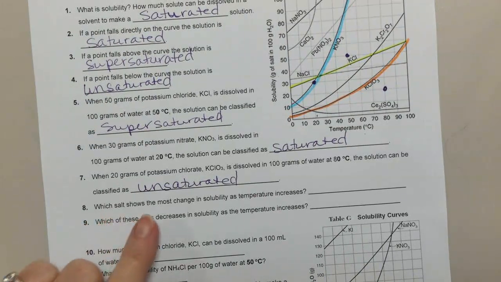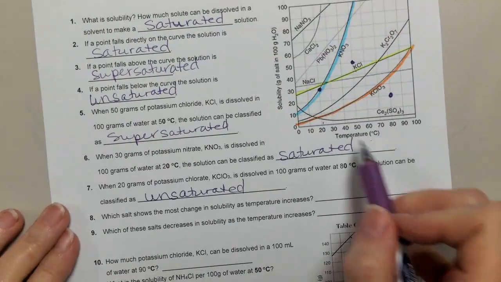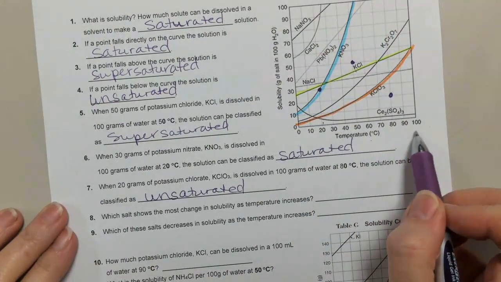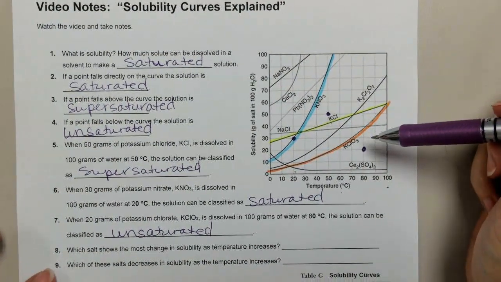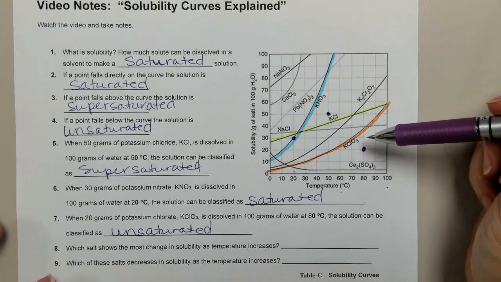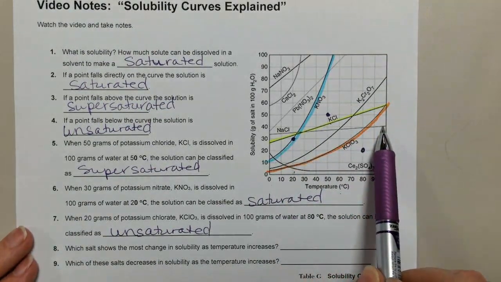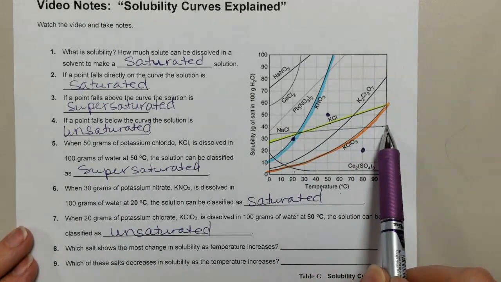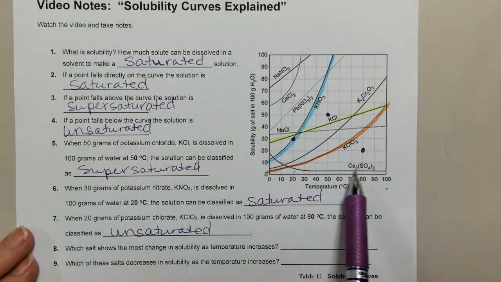Okay, which salt shows the most change in solubility as temperature increases? So as my temperature goes up, which line shows the greatest change in solubility? Well, let's look at all these. This one barely changes. Look at the slope on that. We don't have much of a slope, so it can't be that. This one changes at first. Notice it's going backwards.